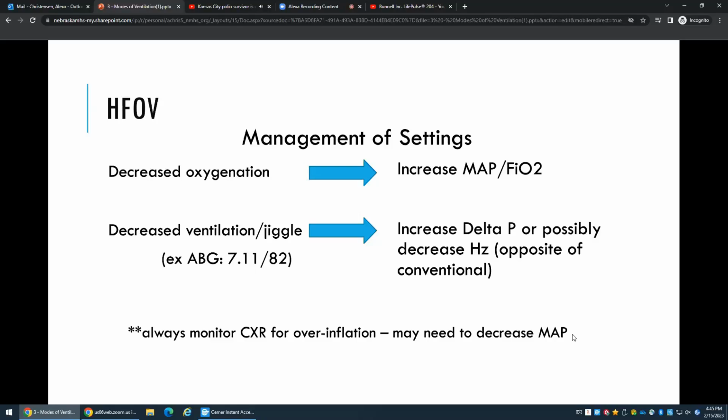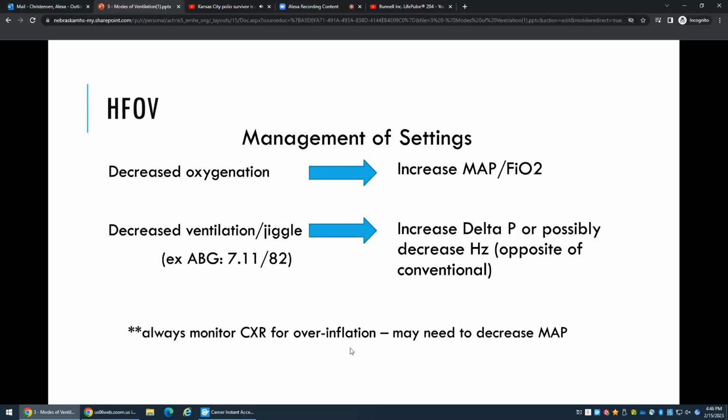And you're like, now wait a minute. MAP controls oxygenation. Why are we going down on that when my baby's not oxygenating very well? It might be because on x-ray it looks like we are overinflated, and sometimes you'll find going down on that MAP will help the baby because we're not causing that damage by being overinflated, if that makes sense.